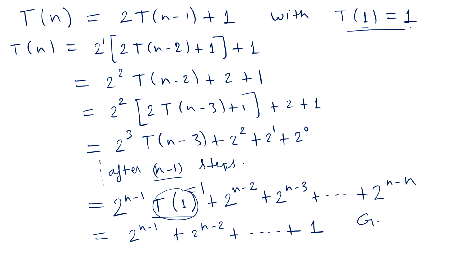Don't you think that this is a geometric series? Right? It is a geometric series with a, that means first term, as 1 and the common ratio as 2. And what is the answer for the geometric series? It is nothing but finally 2 to the power n minus 1.